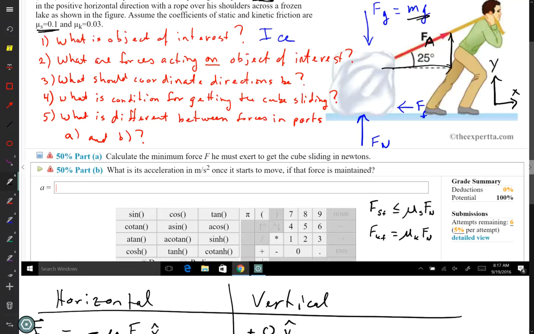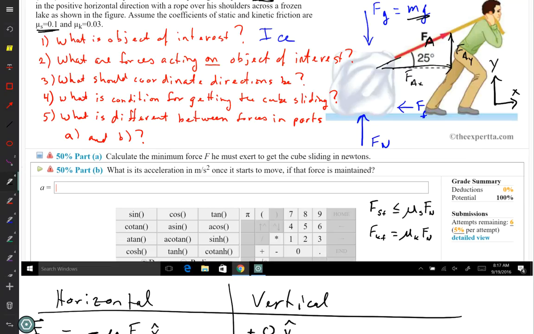Okay, make my vector so it goes all the way there. Those two pieces, here's my force applied x, here's my force applied y. Is my force applied x in the positive or negative x direction? Positive. My force applied y is either positive or negative y direction? Positive. Okay, so I have both of them positive. I want to make sure I get those signs out of the way so we don't have to worry about that.